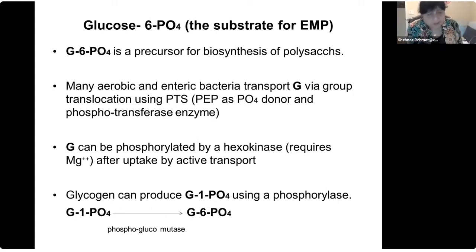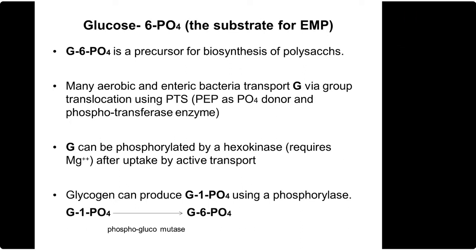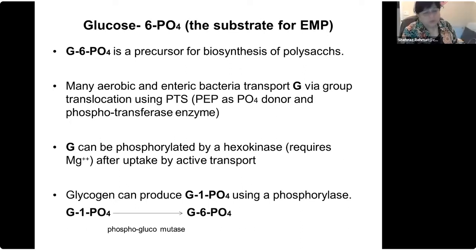So it uses the energy given by PEP, right? And what is the main idea about group translocation? What is the outcome of it? Anybody? When glucose is transported by group translocation, what happens to glucose? When it crosses the membrane, it becomes phosphorylated. Phosphorylated. So during the transport itself you do the phosphorylation.